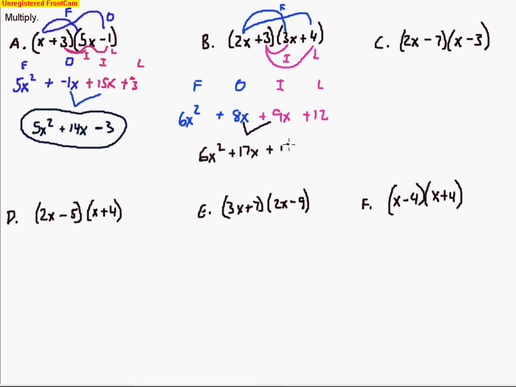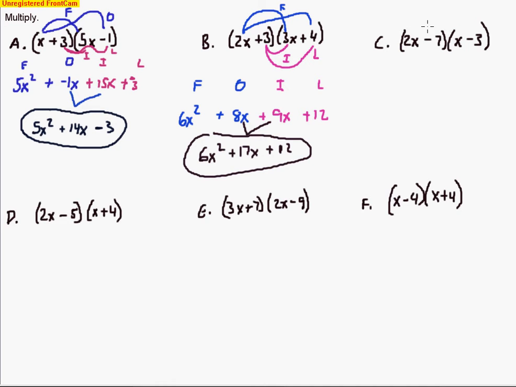So it makes a positive 12. So that's something that's different about this problem compared to the last one. Not only the numbers are different, but there they were opposite signs, so we subtracted outer and inner terms, and we got a negative last term. Here they're the same sign, so we end up adding the outer and inner terms, and we get a positive last term. So we'll see that constant pattern with all of these problems.